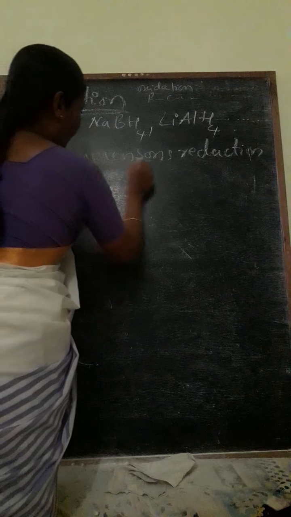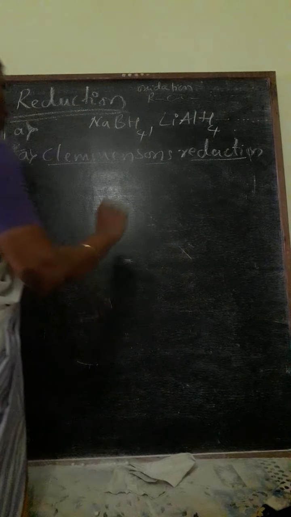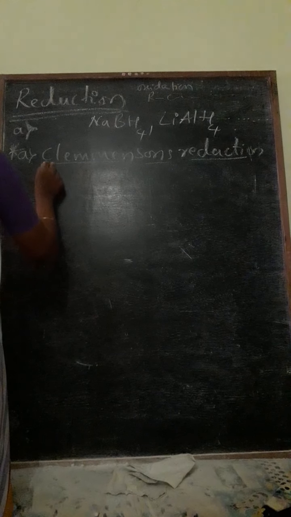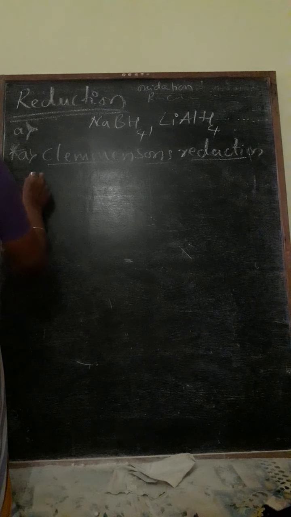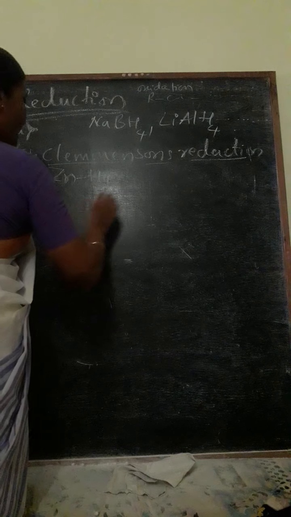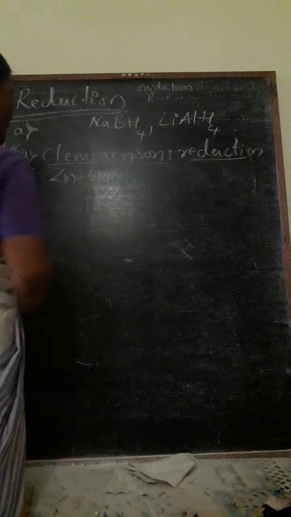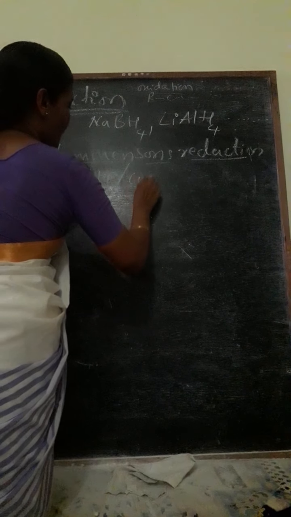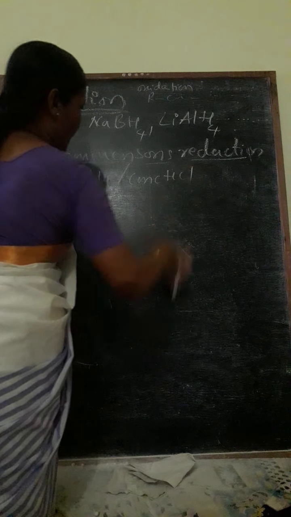In this case, I will convert aldehydes to hydrocarbons. First, Clemmensen reduction. What is the reducing agent? A special type of reducing agent called zinc amalgam, formula ZnHg, which is the supporting medium, and concentrated HCl.